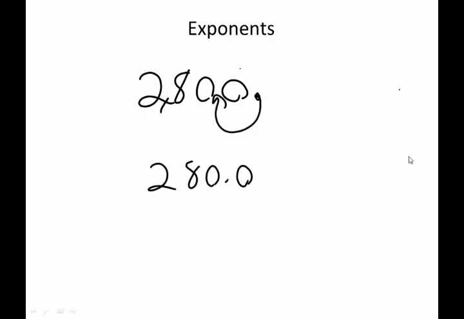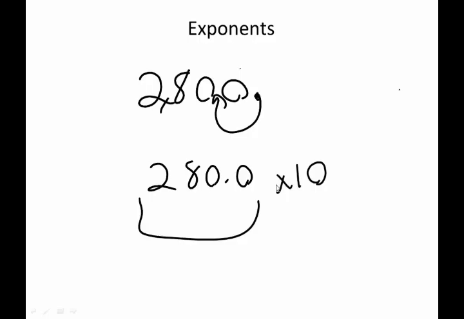Now, there's a couple things I want to discuss. One, I've changed the value, right? What have I done? I've effectively divided it by 10. In order to restore the same value, because this is now 280, this doesn't make any sense. This is not 2,800. I have to multiply it by 10. So, easy.